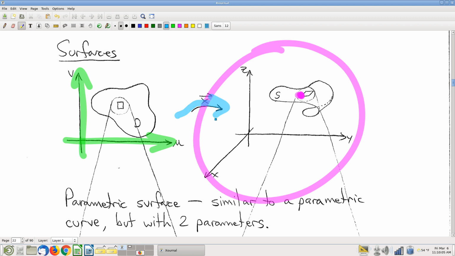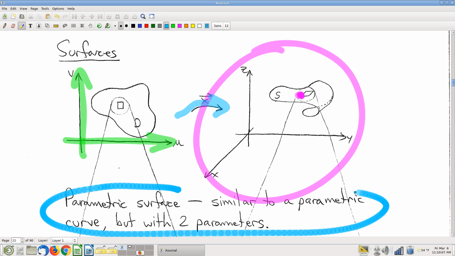It's the same idea as a parametric curve. It's just now we're trying to describe a surface, and so we're going to need a two-dimensional pullback called a parametric surface. Same idea as a parametric curve.